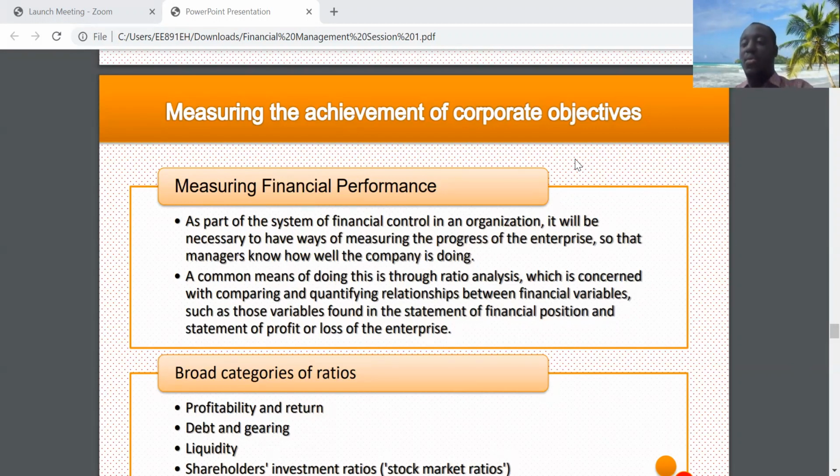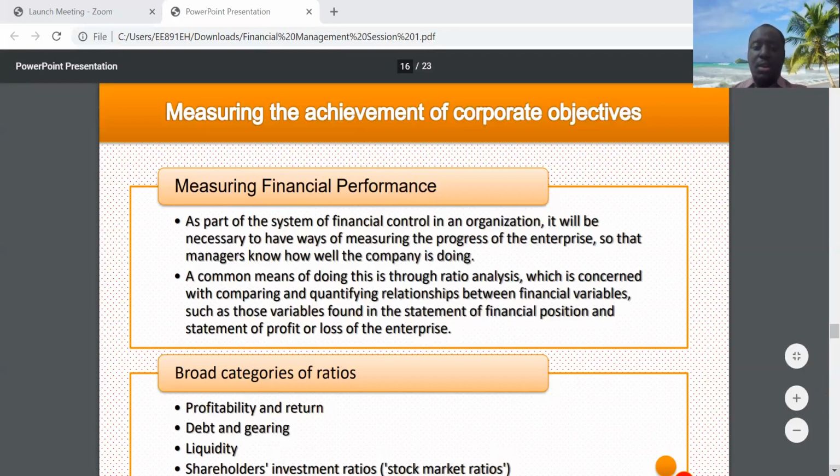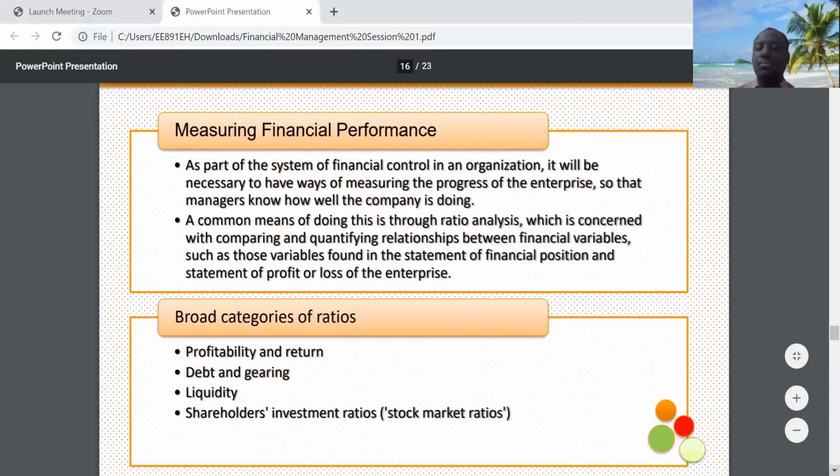Ratio analysis is one of my favorite topics personally on financial management. Ratio analysis is used to measure financial performance. There are broad categories of ratios. There are profitability ratios. There are gearing ratios, which relate more to debt.